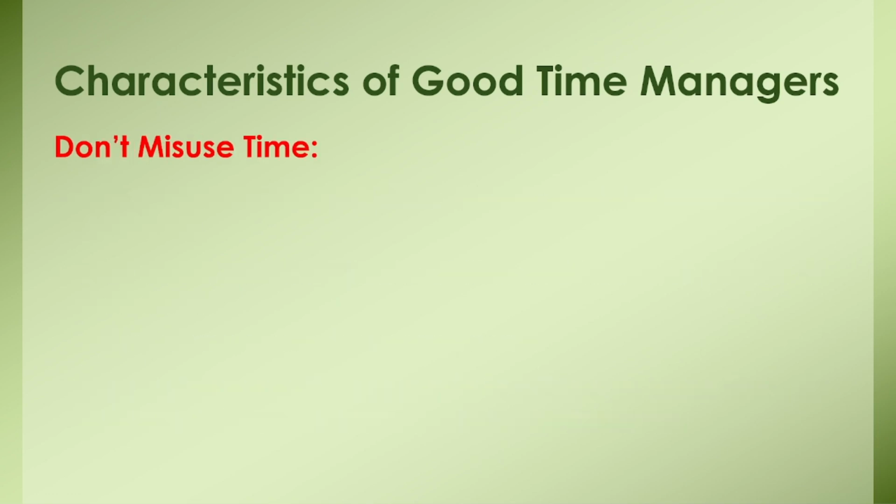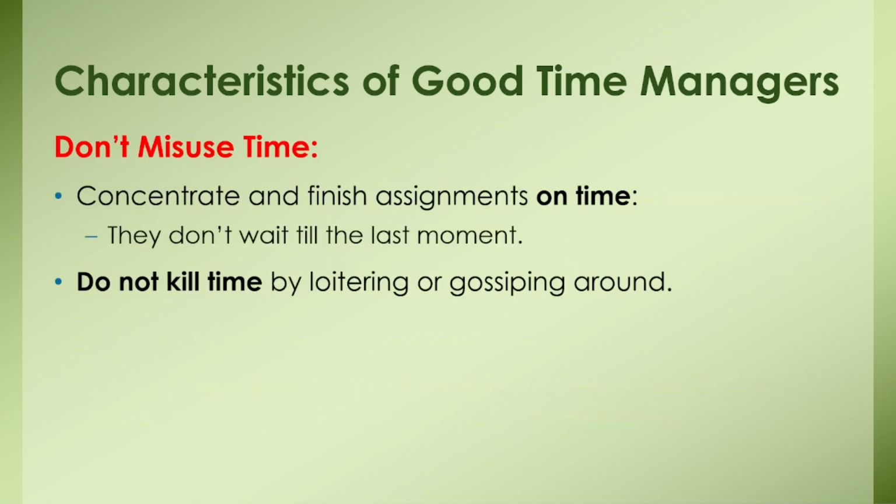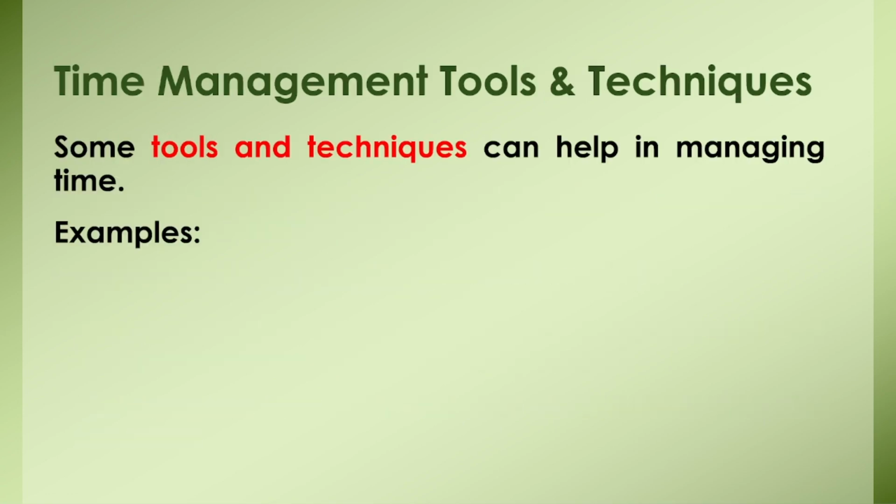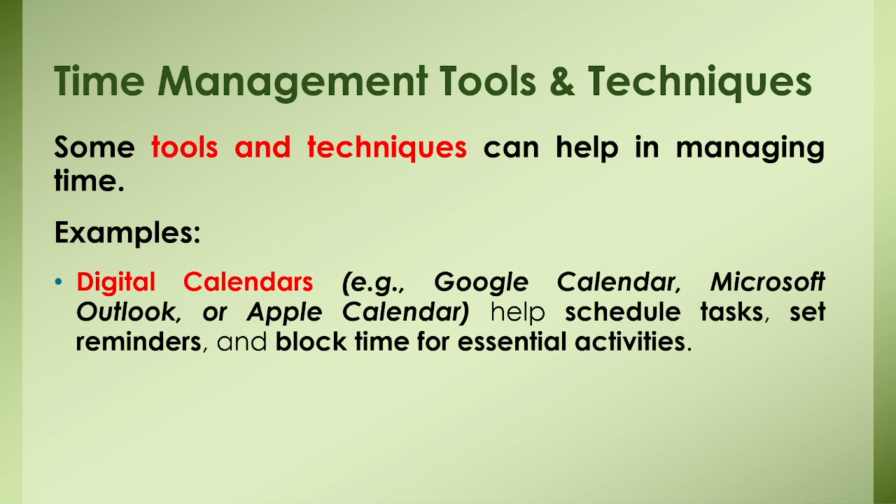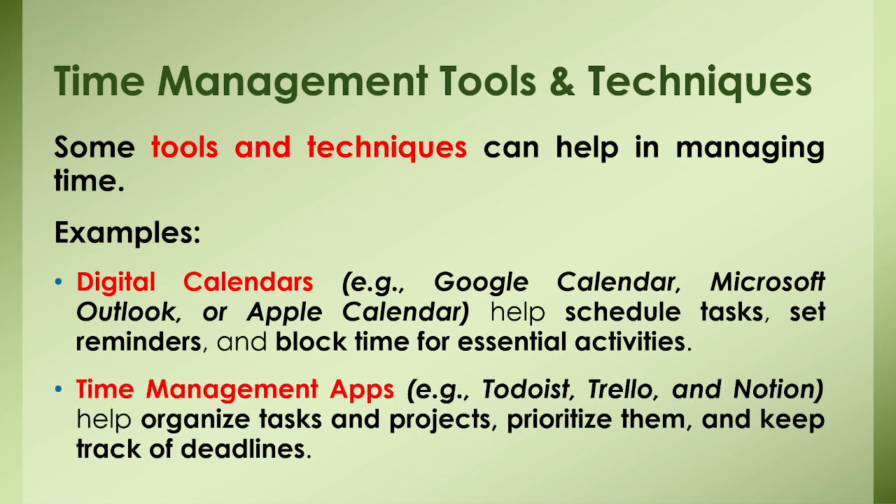These are the characteristics of good people: organized, don't misuse time, and they are focused. Those people have good time management skills. There are tools and techniques that can help you manage your time, like digital calendars and time management apps.